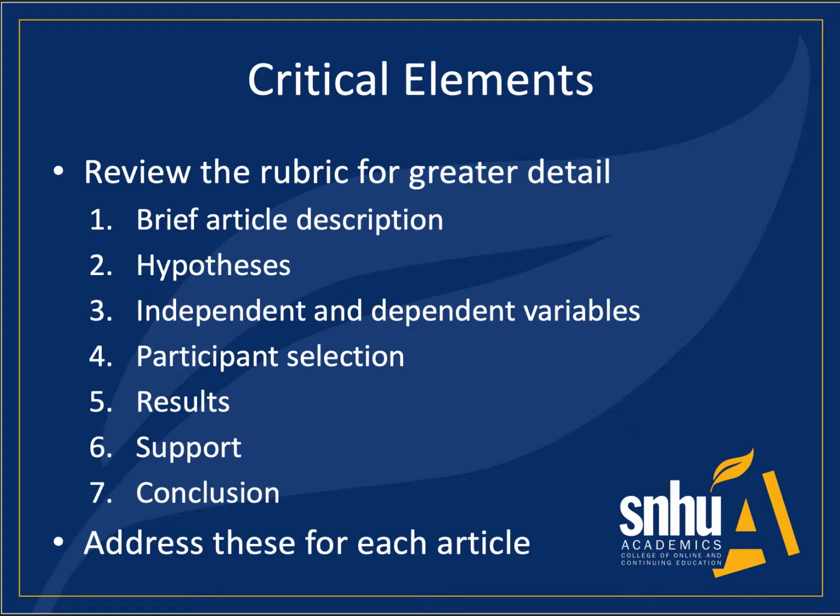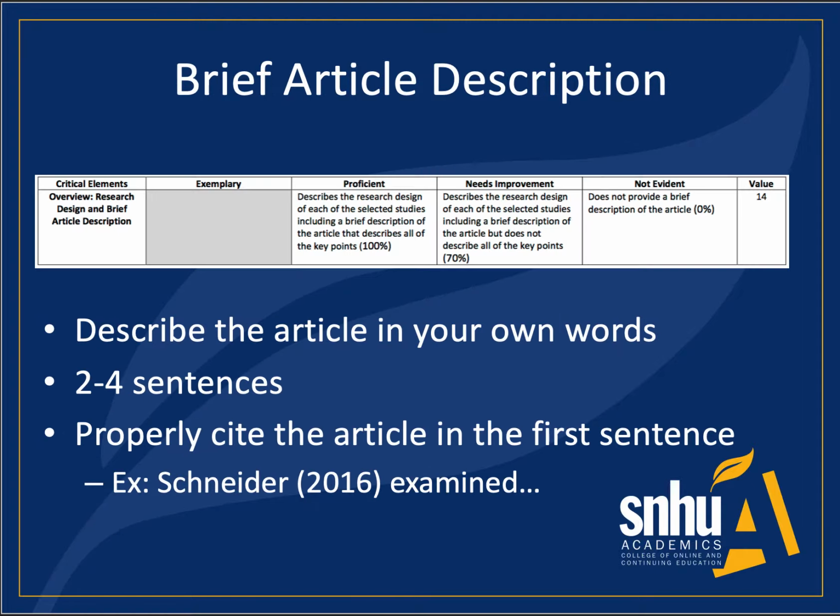My suggestion is that you review one article with all the critical elements before moving on to a second article, and then all those critical elements, and then the third. That makes it easier. Otherwise, you're going to be losing detail for each of the articles if you try to combine all 3 in one paragraph. It gets awfully confusing, so just focus on one, then the next, then the next.